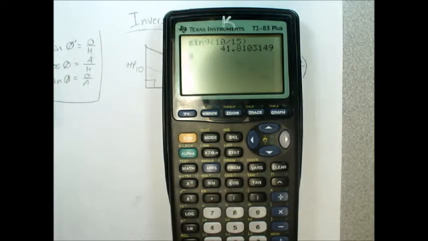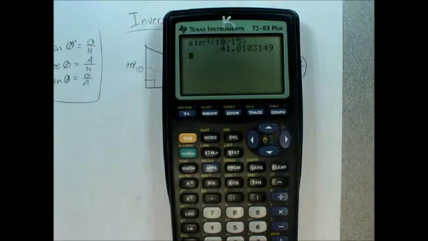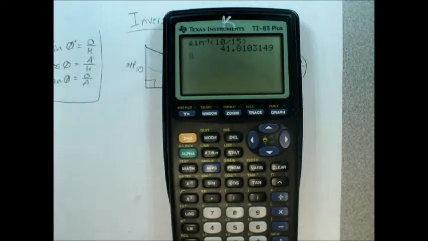Depending on what our worksheet tells us to do, we'll round accordingly. But without a specified thing to round to, we're going to round to how many decimal places? 4. Awesome. When dealing with sine, cosine, and tangent, we want to round to 4 decimal places, unless otherwise specified. I think your worksheet says round to the nearest degree.